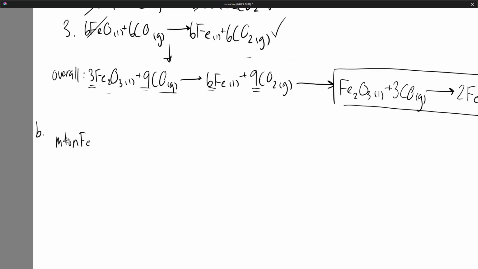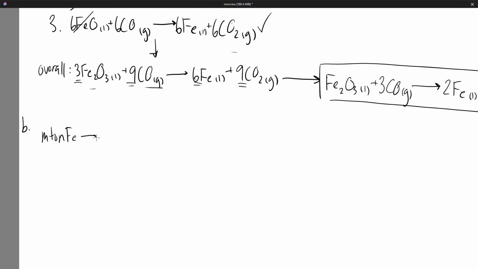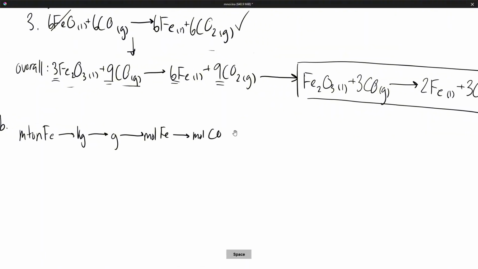I'm sure there's a unit for metric tons, but I just wrote it like this. So we want to convert that into kilograms of iron, then grams, then moles of iron, then moles of carbon monoxide, then grams of carbon monoxide, and you're done.